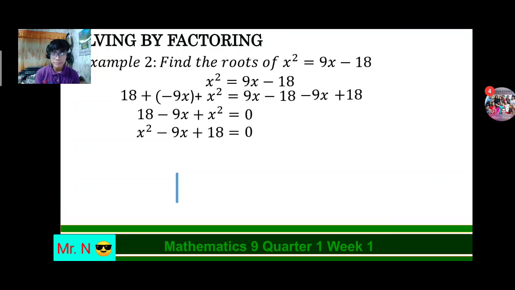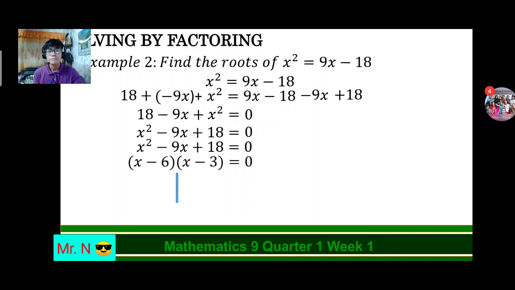Ibig sabihin, negative 3 and negative 6. Negative 3 times negative 6 is positive 18. Very good. So, yun yung gagamitin natin. Factors ng x squared ay x and x. And then factors ng positive 18 na magbibigay na sum ng negative 9 ay negative 6 and negative 3. So now, we have the factors of x squared minus 9x plus 18. We have x minus 6 and x minus 3.